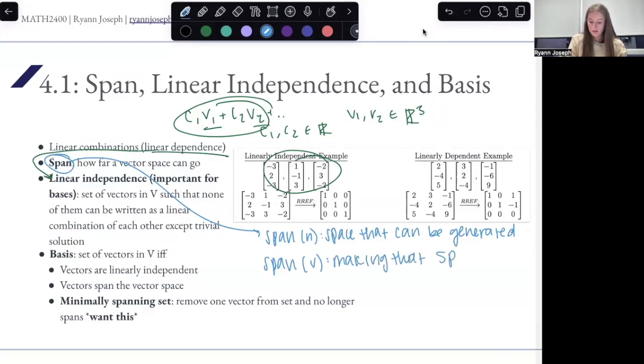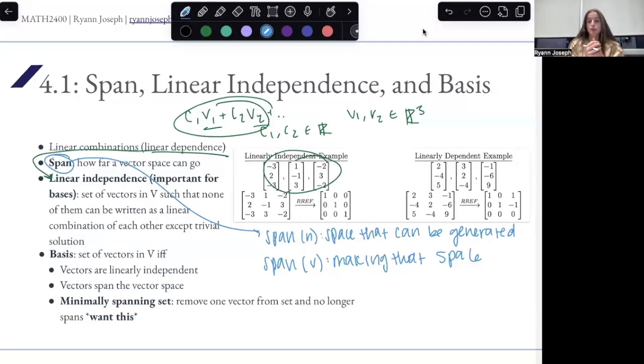As a noun, think about the vector spaces that we talked about before, and the most common ones are R3, R2, those things. The span of R2 is R2. It literally means what it means in normal English: it spans all of these things. It can make it exist in all of these things.